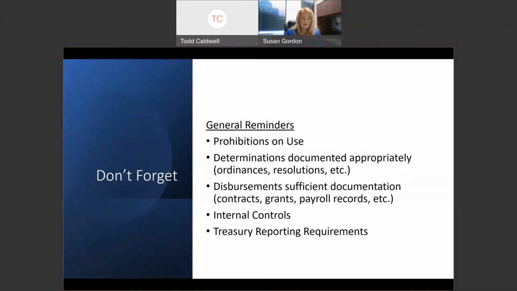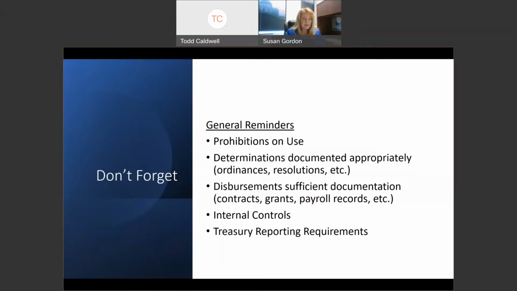So just wanted to remind you, there are certain prohibitions on use. For example, payments to debt reserve or rainy day and those types of things that were on a previously listed slide. So watch out for those. Make sure that you document everything. Keep your ordinances and resolutions, of course, for audit.